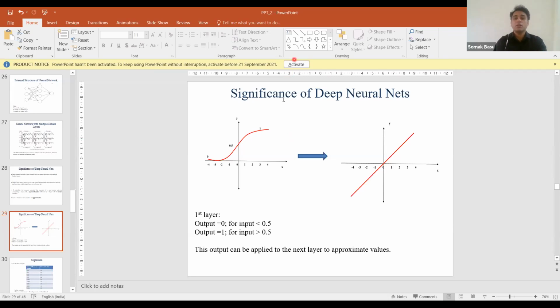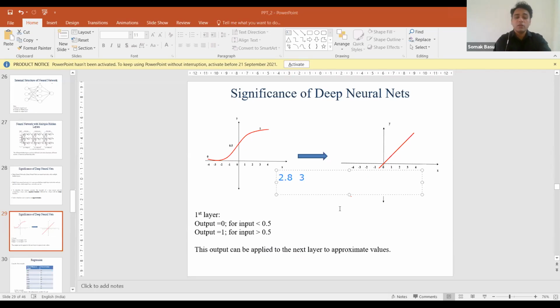Let me write it down for you so that it becomes a little easier to follow. If I give you 2.8, you'll approximate it to 3.